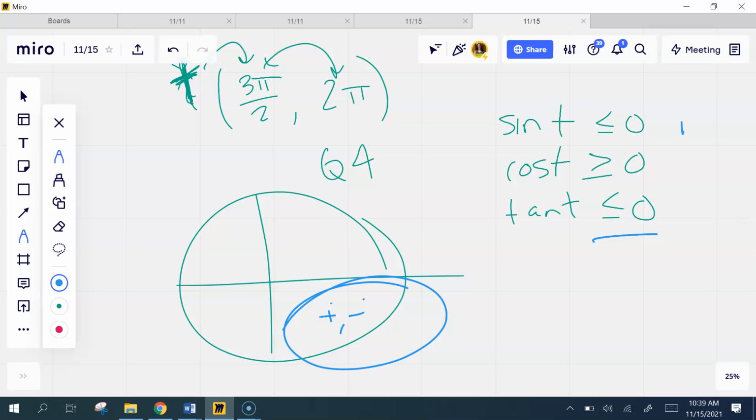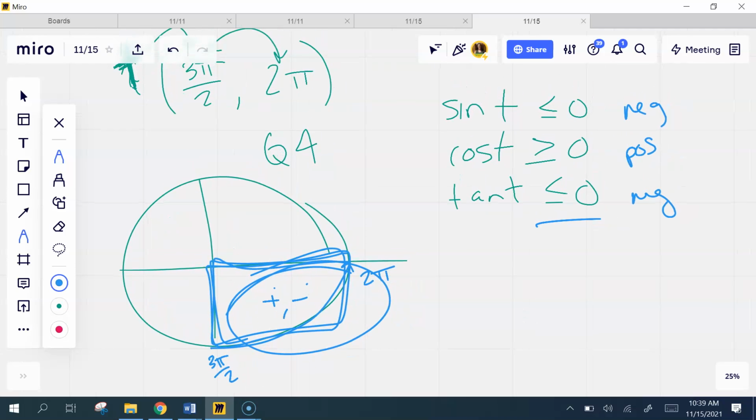This just means negative, this means positive, and this means negative. Because this is 3 pi over 2, and if I loop back around, this is 2 pi, I'm only in this quarter of the circle. Because x is always positive in this quadrant, and y is always negative. So this is my x, and this is my y. And remember, tangent is y divided by x.